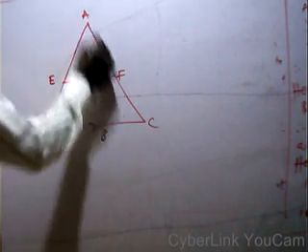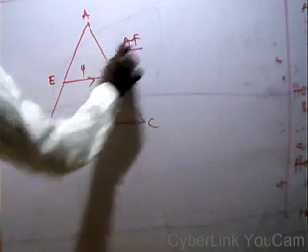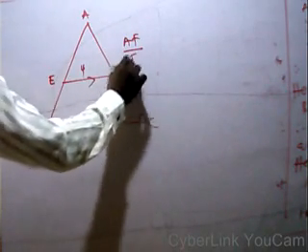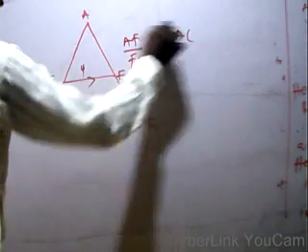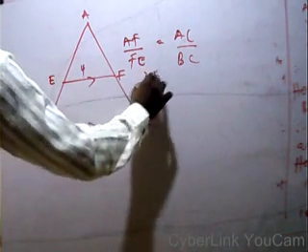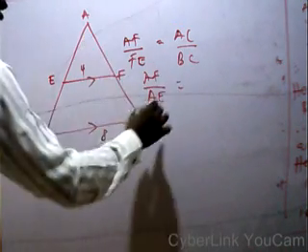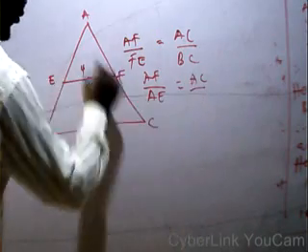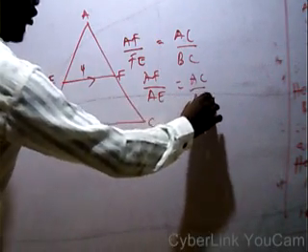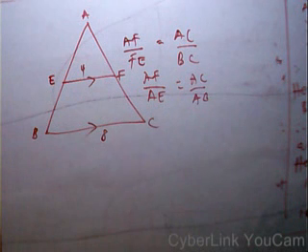The second one is that the ratio of AF over FE equals the ratio of AC over BC, and also the ratio of AF over AE equals the ratio of AC over AB. So please take note of all this. That is what we have learned today.